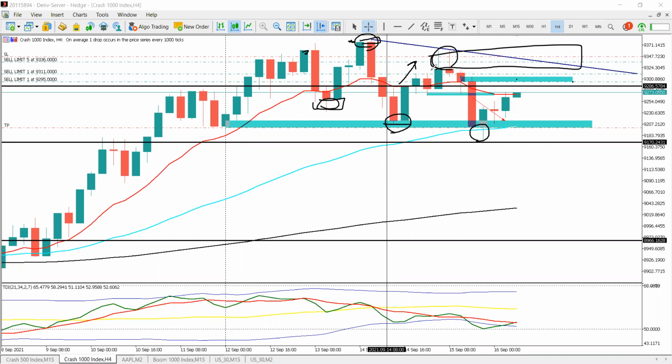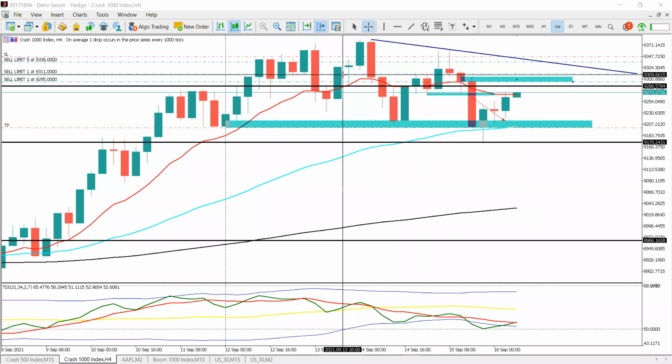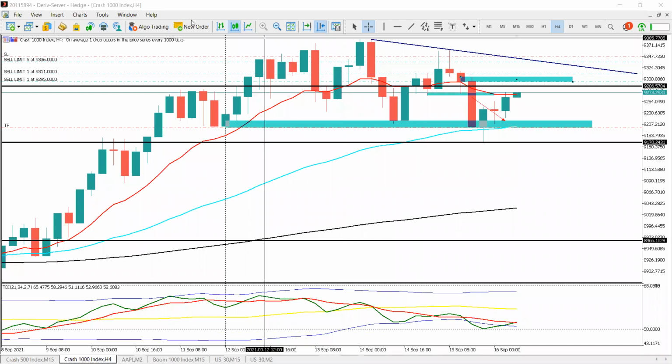Sometimes if you cannot see it, make sure the zones are tiny, like for example this one. These are just minor zones which are inside the bigger zones. You can use this on anything you trade. It will help you to have the best entries. And you can also use naked charts without moving averages as well. It works pretty fine because that's your price action. So I'm just going to insert one more zone.